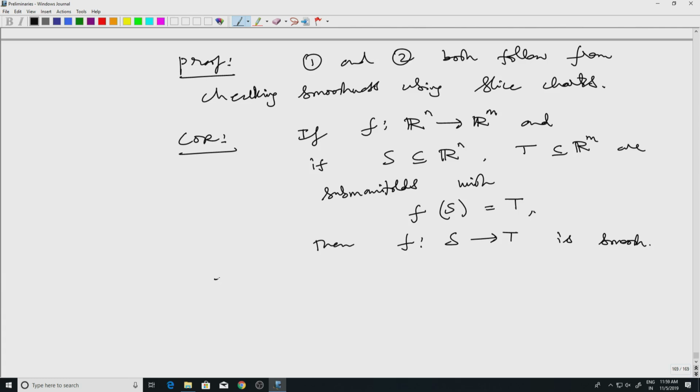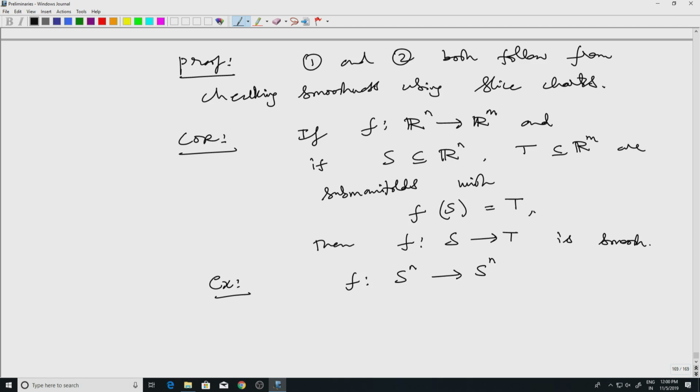So as an example, let's take something that I had briefly touched upon in the beginning of this course. I'll start with a map f from Sn to Sn, the n-dimensional sphere.